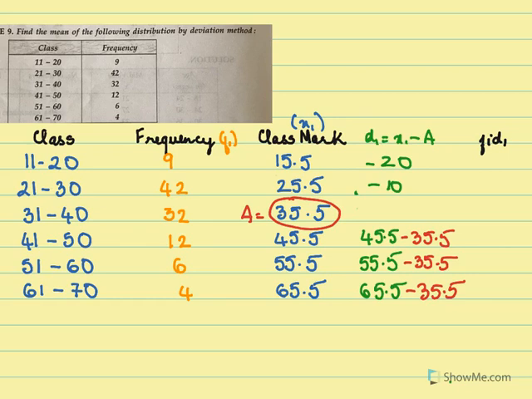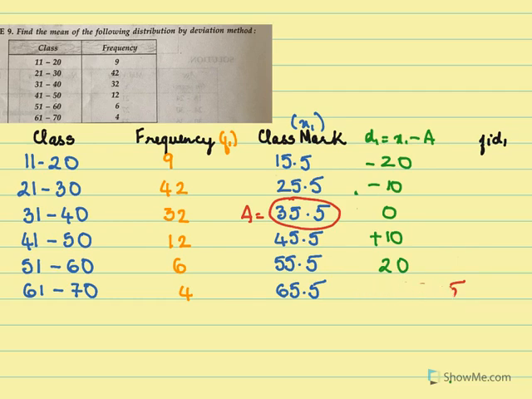And then the third subtraction, the answer comes 0. Then we subtract 35.5 from 45.5, and here we get plus 10. Then we subtract 35.5 from 55.5, and we get here 20. And then we do the last subtraction, we get 30. So that was our di.